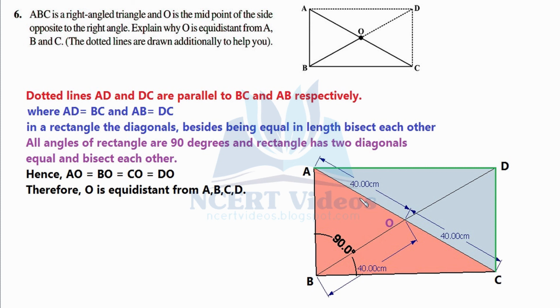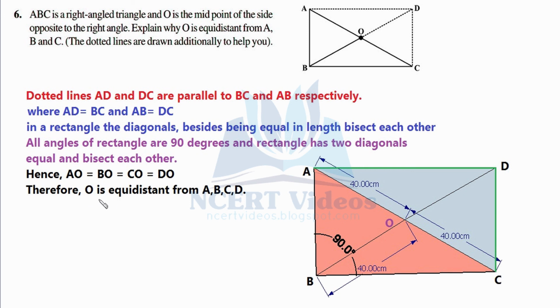With this, we have clearly shown why this point O is equidistant from A, B and C, although it is equidistant from point D as well. But that was our construction, that was our imagination. We need not tell it here. But for additional representation, we just wrote, hence, AO equals BO equals CO equals DO.